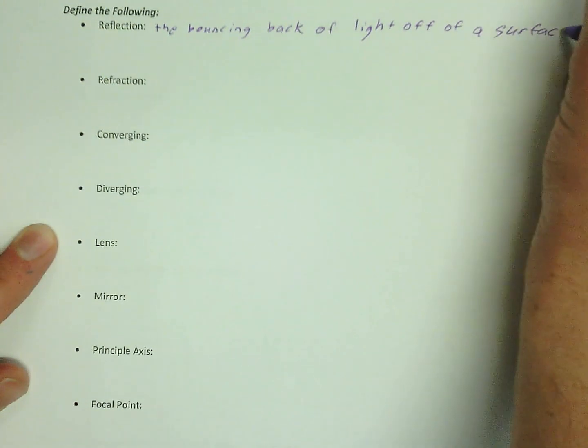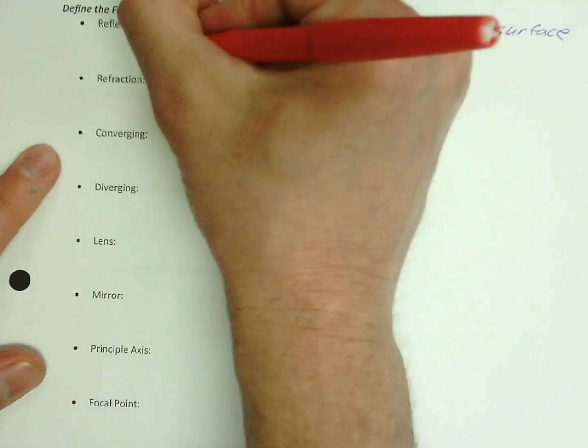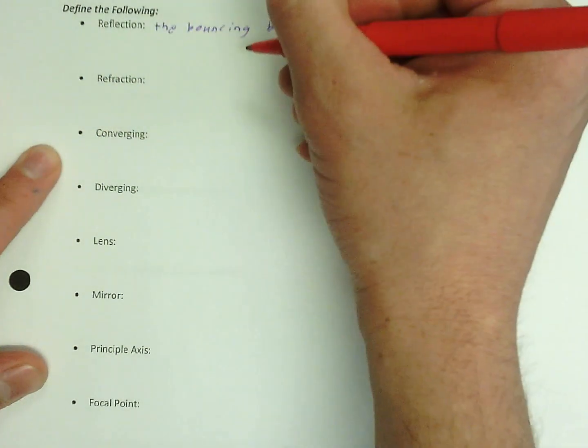So reflection is when light hits a surface and it bounces off of that surface. Okay? But it does it in a very particular way. It's called the law of reflection, not to be confused with the law of refraction, which we'll talk about.